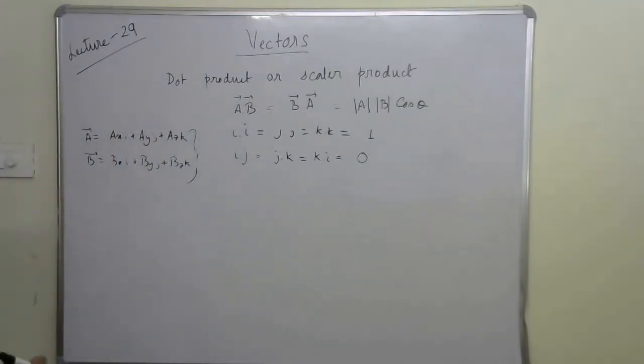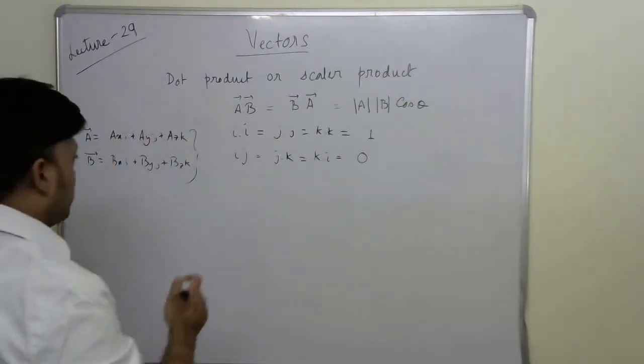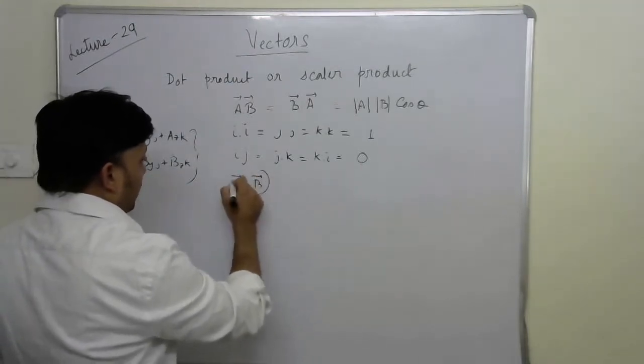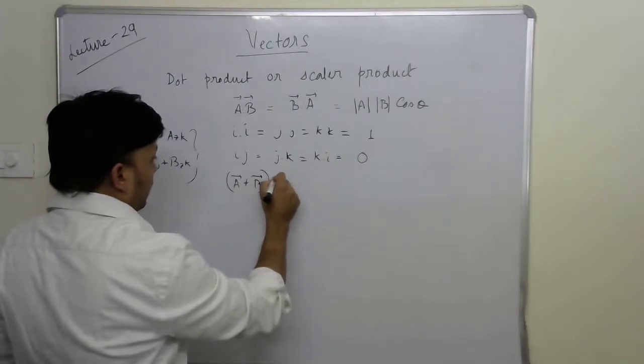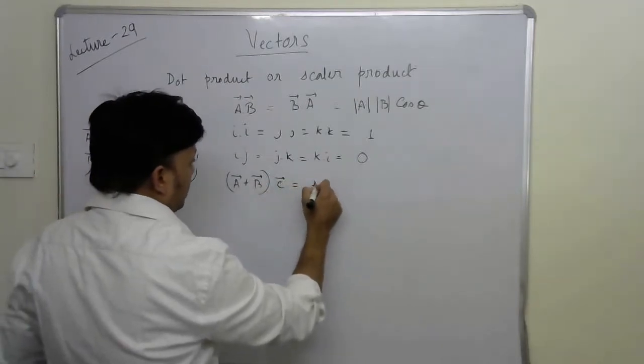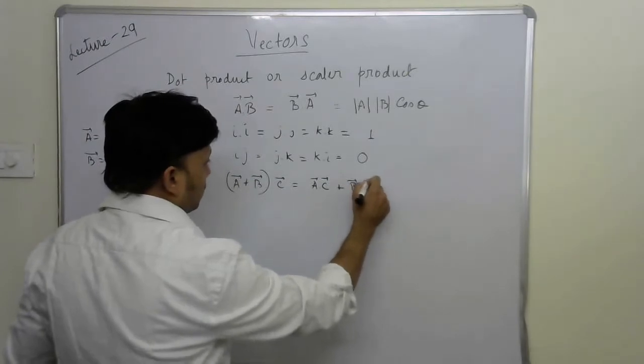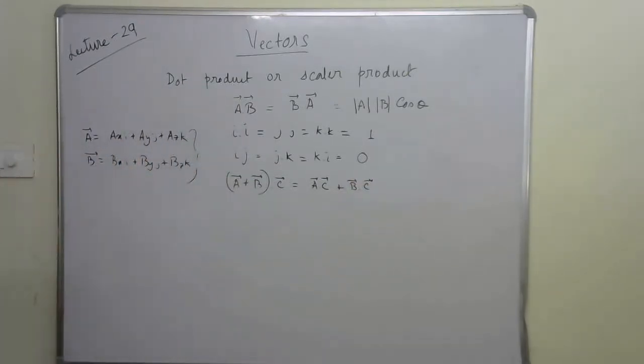Also, if we take A plus B and take the dot product with another vector C, it becomes A dot C plus B dot C. So this is another equation for this.